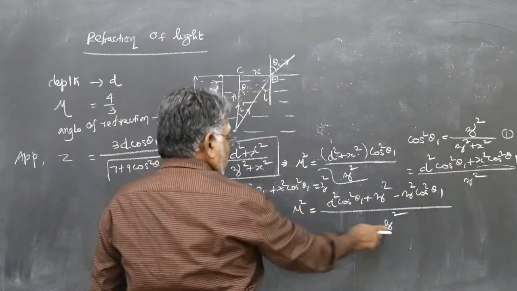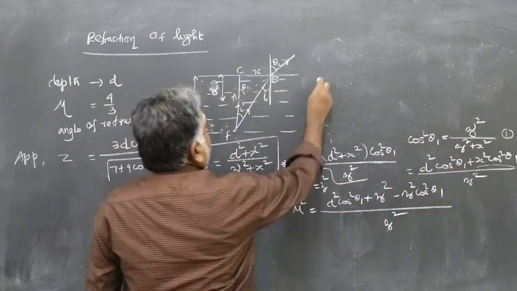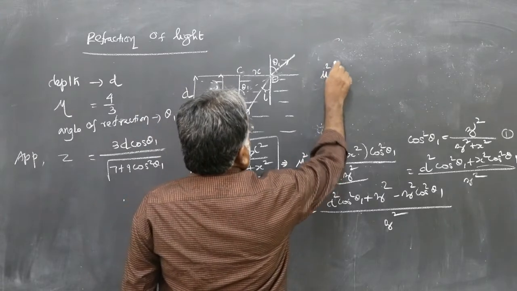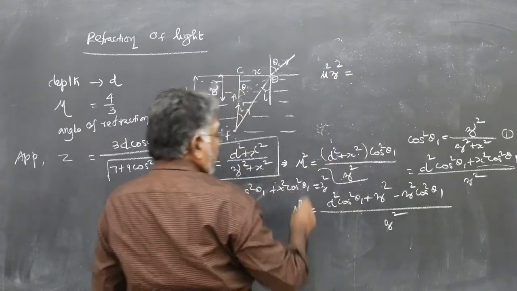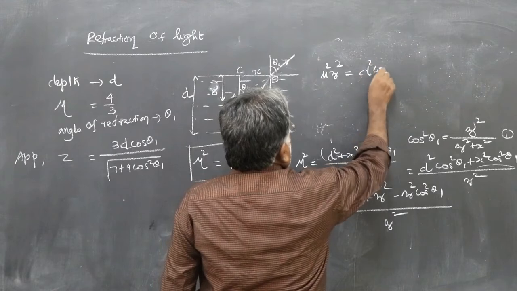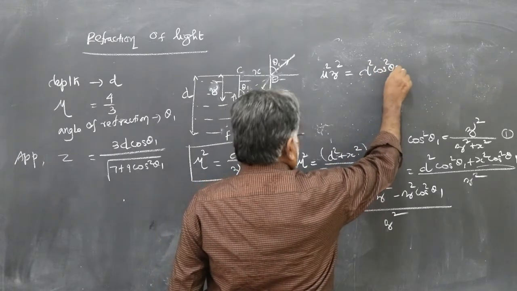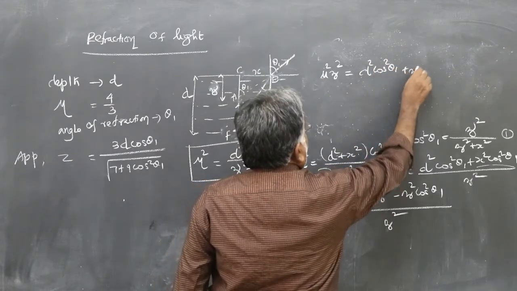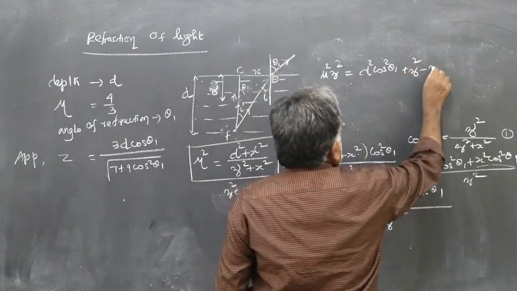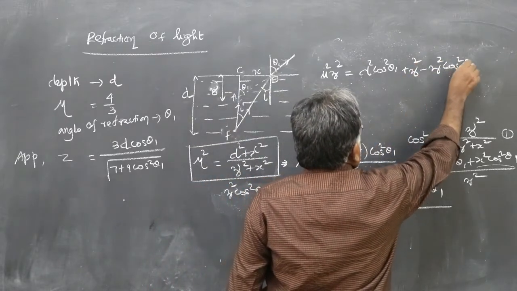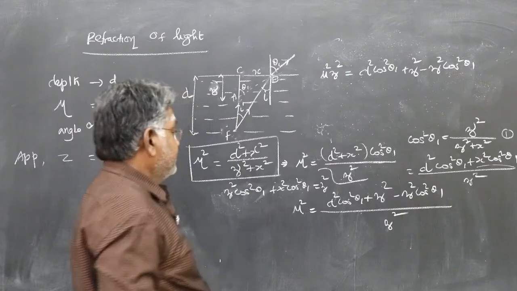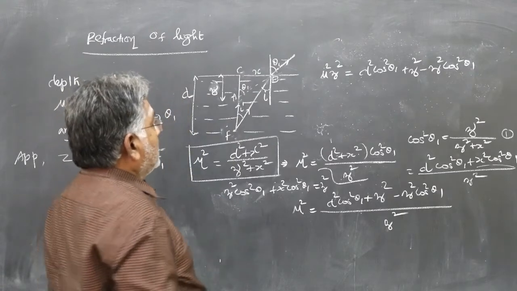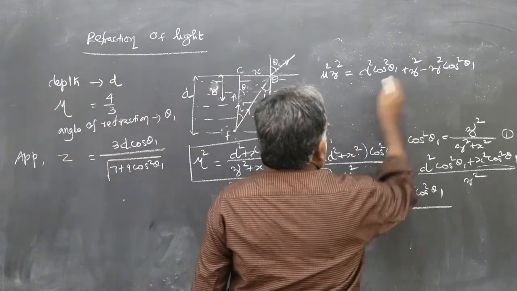Mu square z square, take this to the left side. Mu square z square is equal to d square cos square theta 1 plus z square minus z square cos square theta 1. You want to get z square.